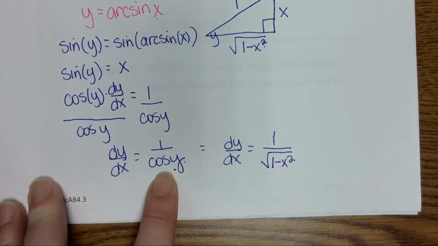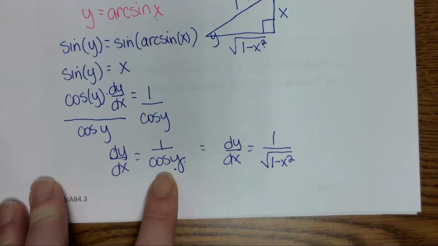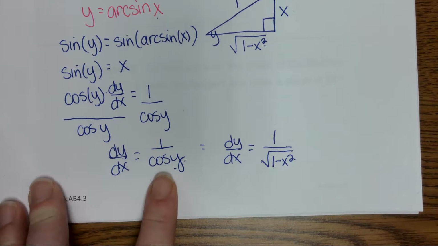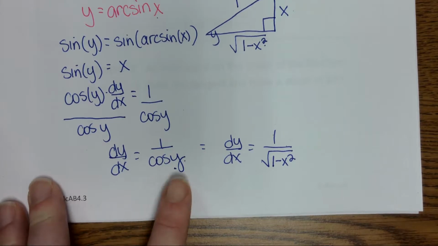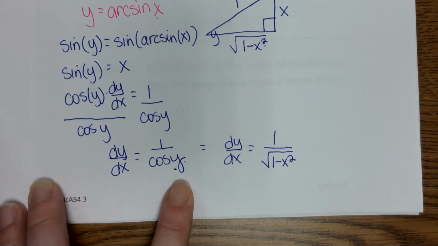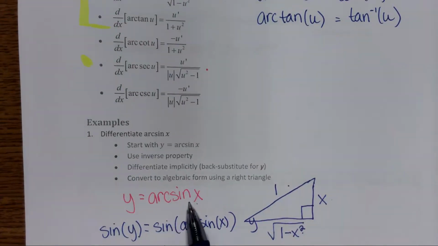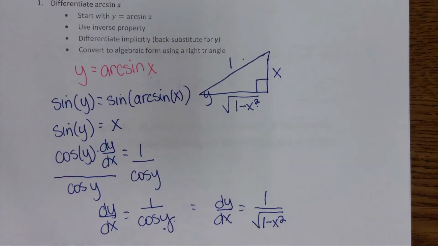Okay. Look at the very first one on the top of our list. I just derived the derivative of arc sine. That's what I just did. Do you have to derive the derivative of these? No, I'm simply showing you how it's related to what we did yesterday.